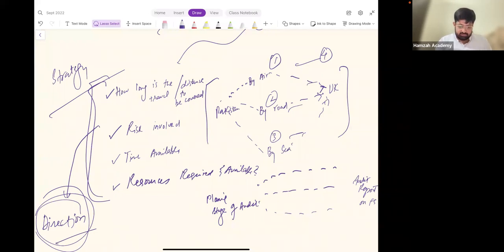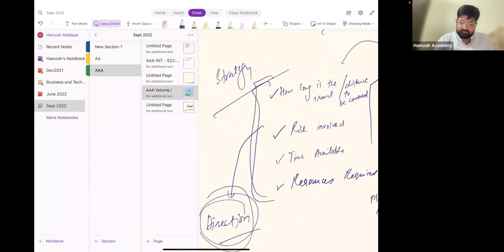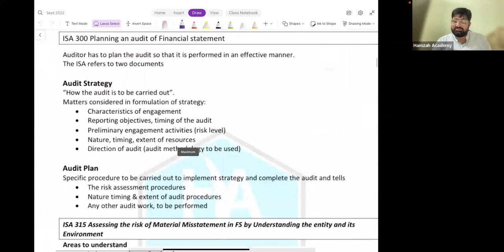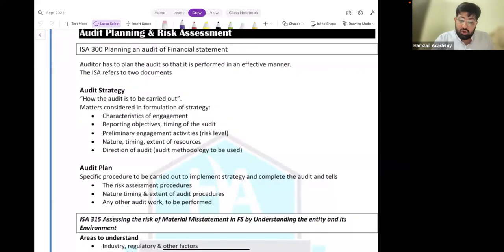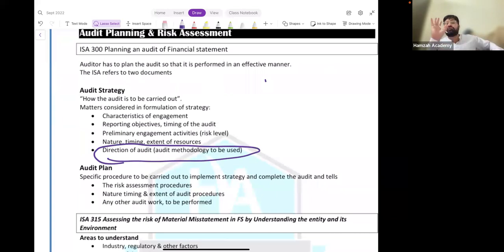Now, next point. The next point is, come to the notes. Audit strategy. So audit strategy is basically choosing direction of audit. Different audit methodologies available. We will be studying that. Choosing that based on these factors.